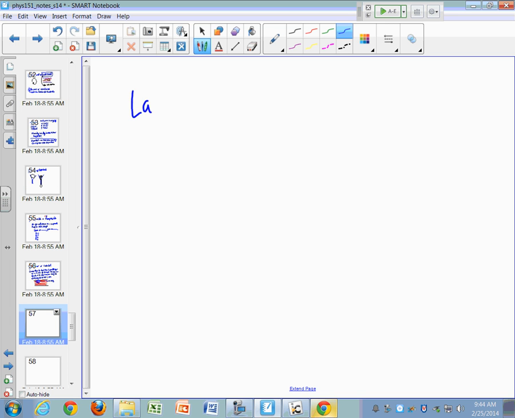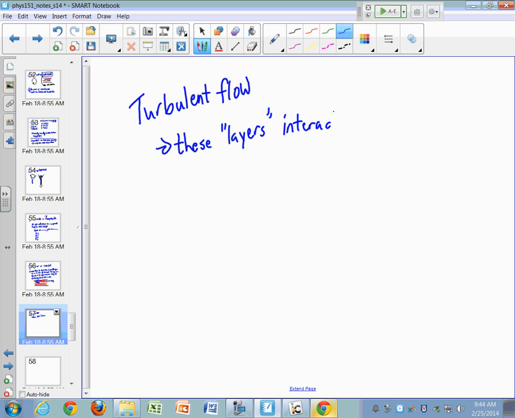In turbulent flow, the layers interact unpredictably, and the velocity of the fluid changes a lot.